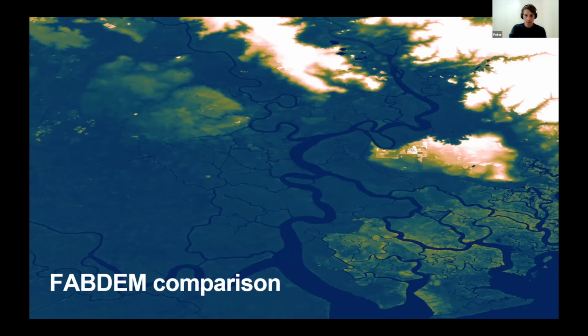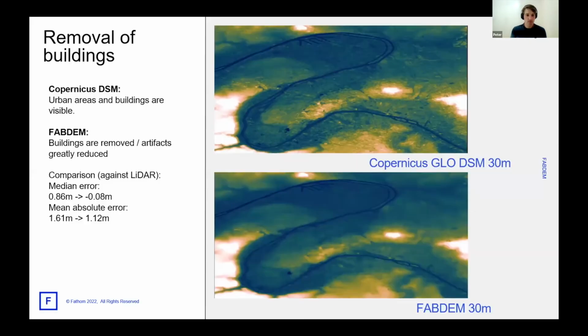Cool. So let's move on. Next slide, please, Gavin. So I'll start with showing an example of the buildings removal. This is just a section of the FabDEM looking at an area of Paris, actually.